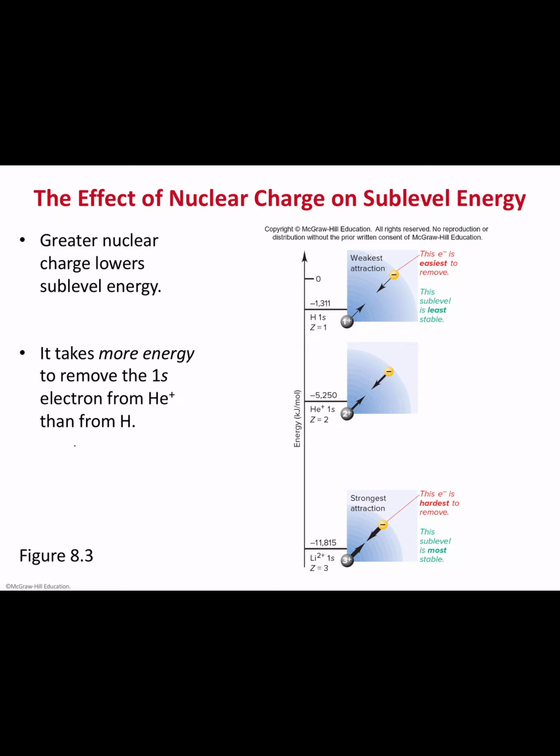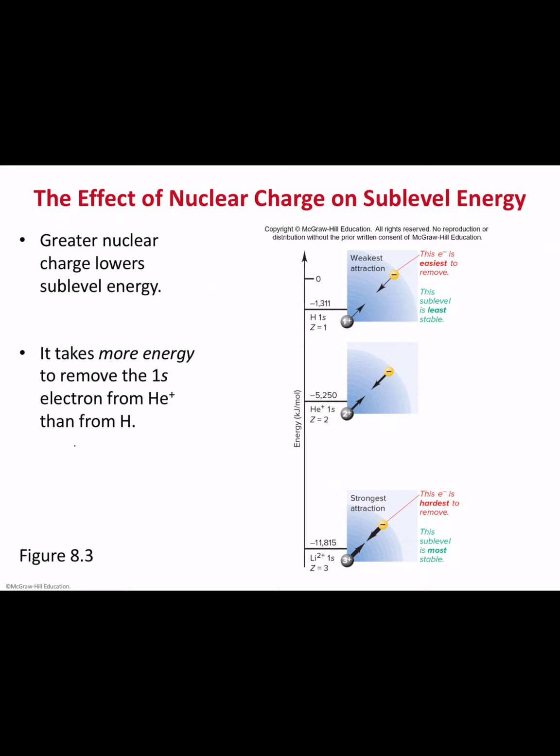Therefore, a higher nuclear charge, meaning more protons in the nucleus, increases nucleus-electron attraction and thus lowers sublevel energy, meaning it stabilizes the atom. We can see this effect by comparing the 1s sublevel energies of 3 species with 1 electron. So we are seeing 3 different atoms here.